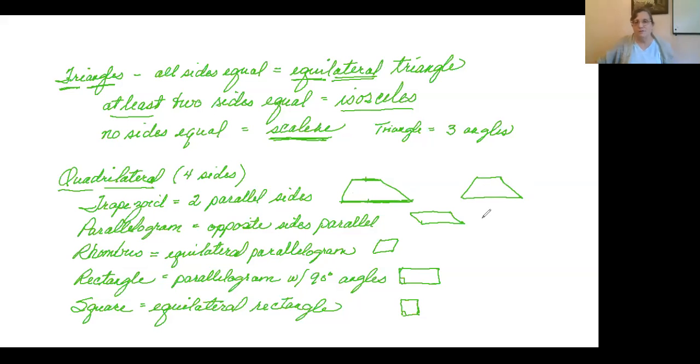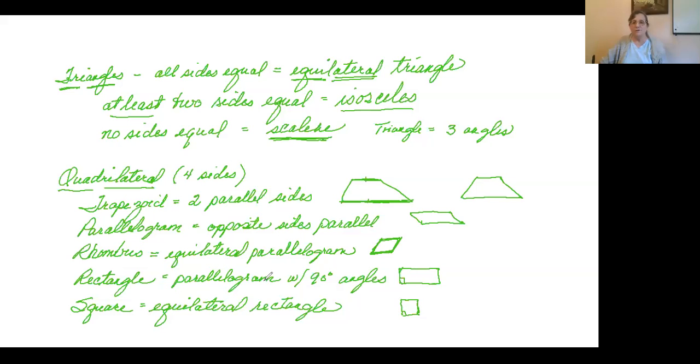It's still a trapezoid. If the opposite sides are parallel, if it has two pairs of parallel sides, then it's a parallelogram. A rhombus is an equilateral parallelogram, which is something of a square that's been flopped over on one side. It's a slanted square.